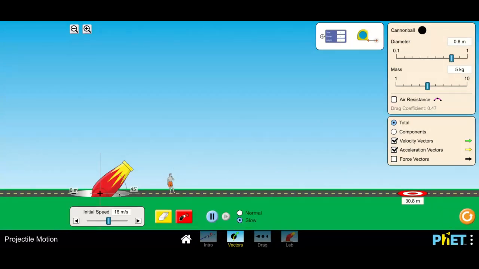And so, for example, if we start with our cannon at 45 degrees and our initial speed, which is the magnitude of the initial velocity, at 16 meters per second, and we fire it, you can see what happens. I'm going to pause it for a second here. Okay, so you can see it starts following this parabolic path.